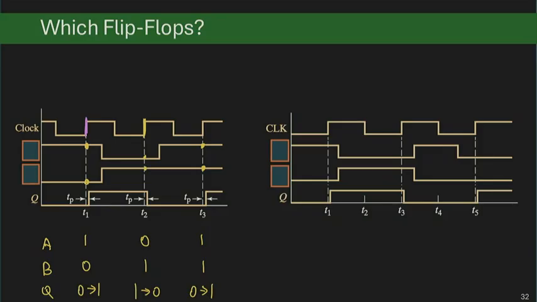And this one actually matches the behavior of a JK flip-flop. I did some sampling in the timing diagram to figure out what the flip-flop inputs are at the positive edge, and then tried to map it into some of the known operations. 1, 0 is a set. 0, 1 is a reset. 1, 1 can be justified as a toggle, and that matches the behavior of a JK flip-flop.